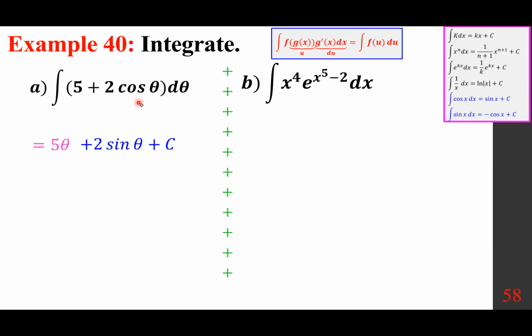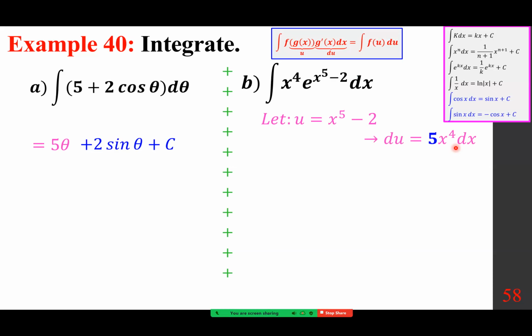Anytime you have e to some power, exponential functions, most of the time it is the exponent that is the choice of u. So if you choose that to be u, then du is 5x to the power of 4 dx. Now, what most texts do, they solve for dx.